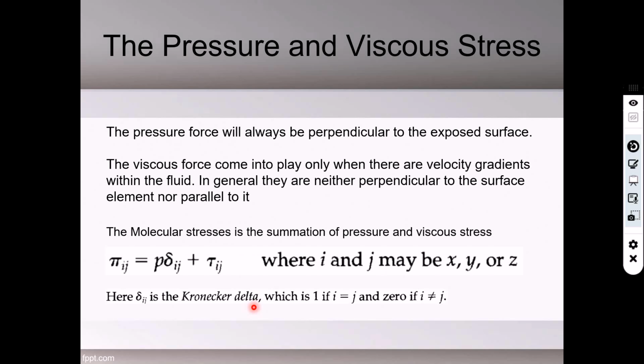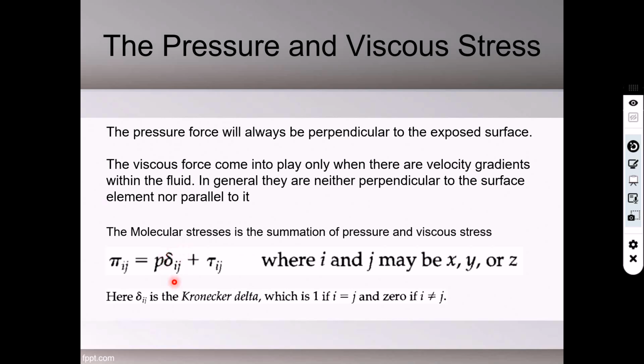Anyway, this is the Kronecker delta. It's a discrete function, so your I and J can be X, Y, or Z only. You cannot be something between X and Y or something between Y and Z. Okay, so it's discrete.